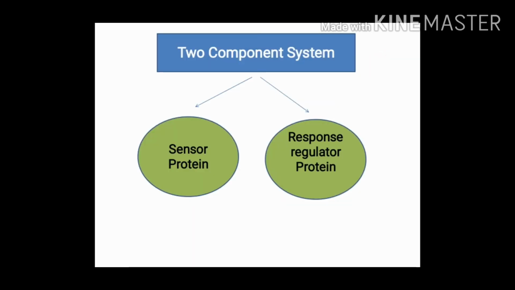This two-component regulatory system is composed of two proteins named as sensor protein and response regulator protein. Sensor protein, as the name suggests, is involved in sensing a change in the environment.